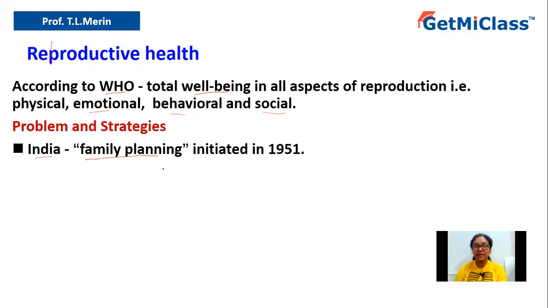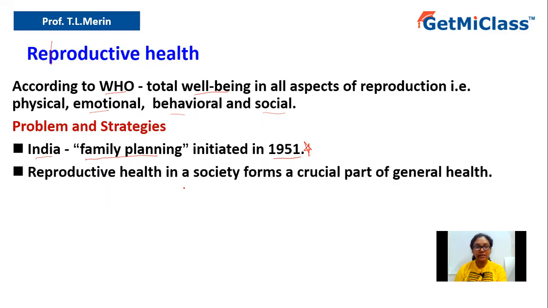And that is why it was necessary, and it is necessary even now, to adopt certain strategies which will help in maintaining the population, or even checking the population. So family planning was initiated in the year 1951 by India. So this is an important question which can be asked in your exam.